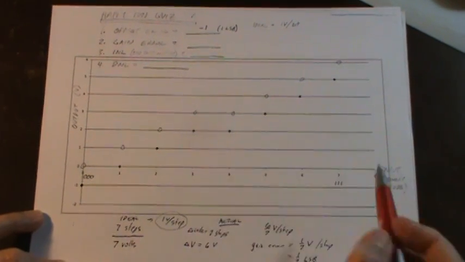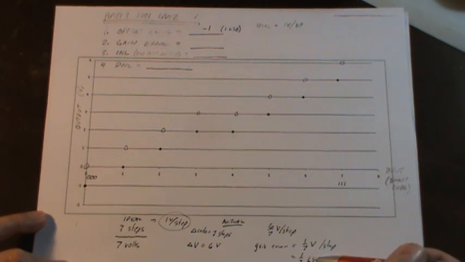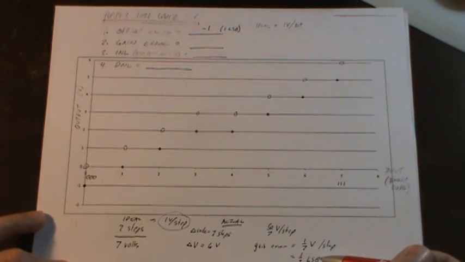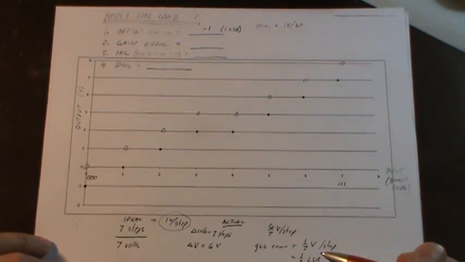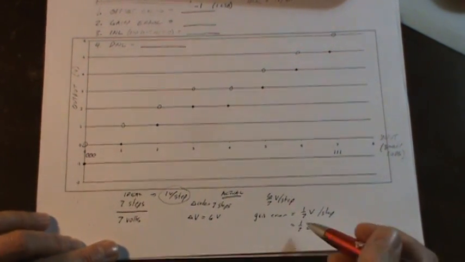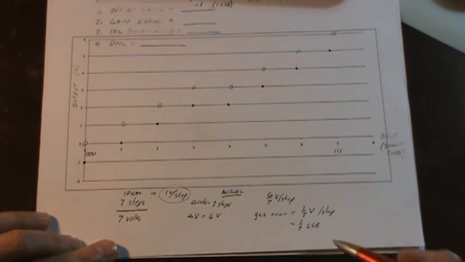It depends if I want to talk about it in terms of voltages or in terms of LSB, either way, because they are equivalent. If I'm trying to keep track of how off my code is, then I might want to think in terms of the least significant bits. Okay, that is gain error.